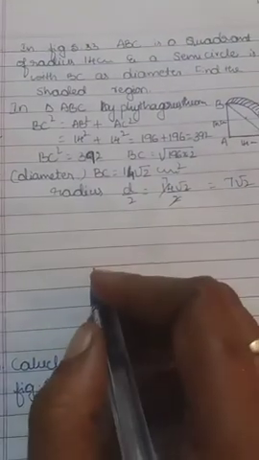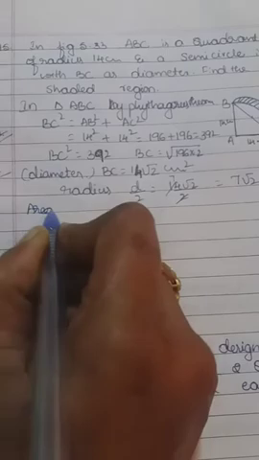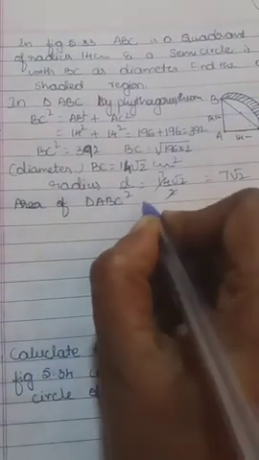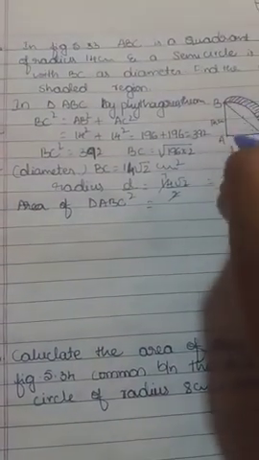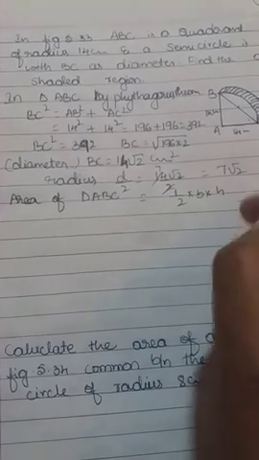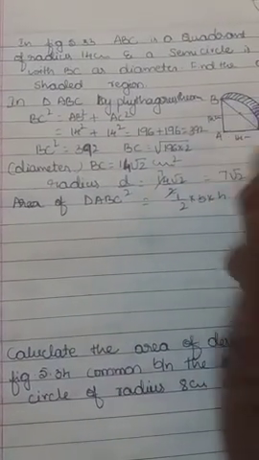Next we have to calculate the area of triangle ABC. We know the formula is half into base into height. Here the base is AC and the height is AB.